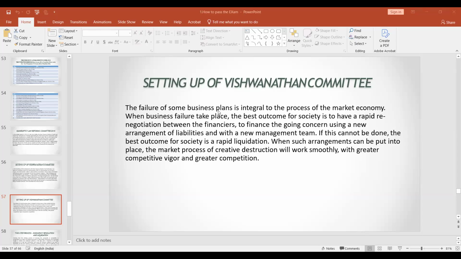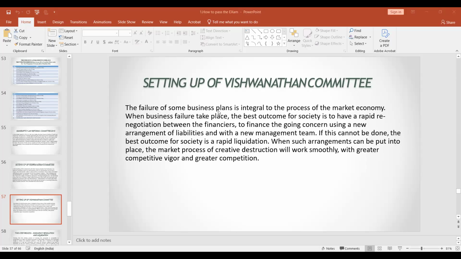So this Vishwanathan committee said that the failure of some business, if you start a business, it might succeed, it might fail. Failure of some business is integral to the process of the market economy. But when a business fails, what is best? Best is either to renegotiate between the financiers to finance the going concern using a new arrangement of liabilities and with a new management team.